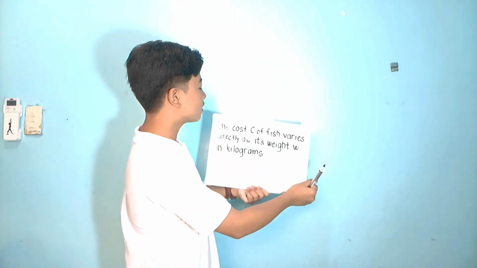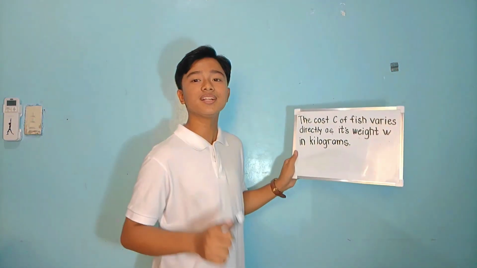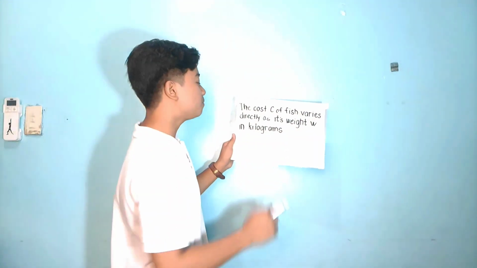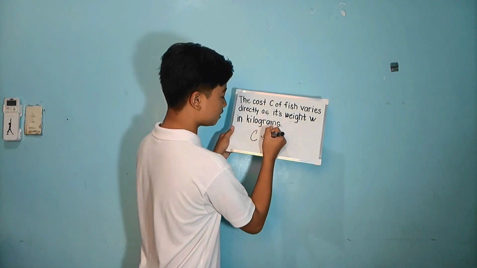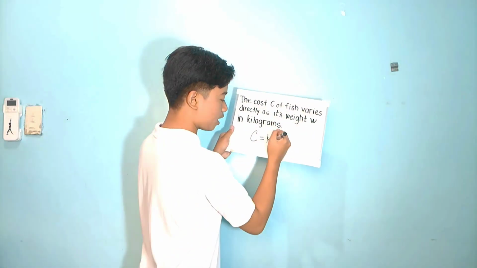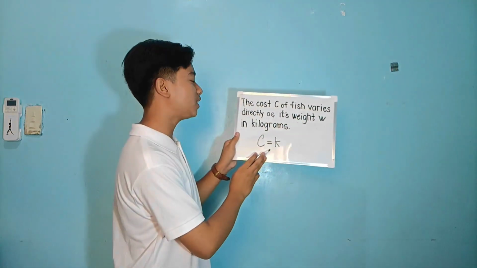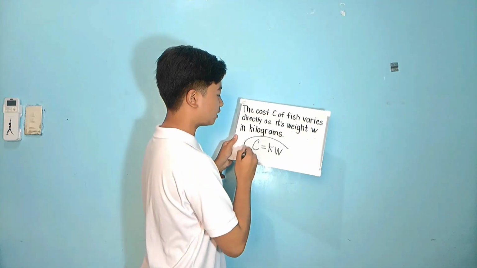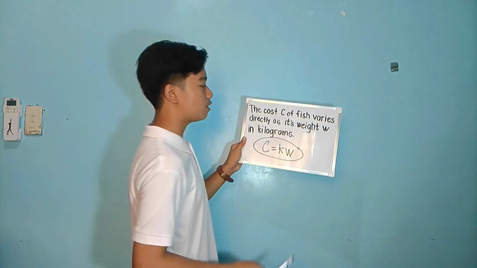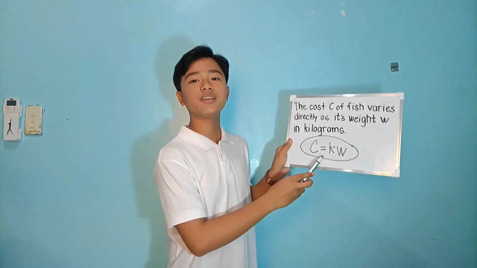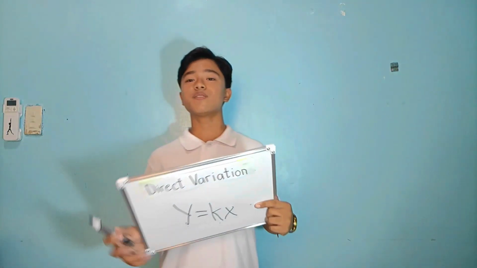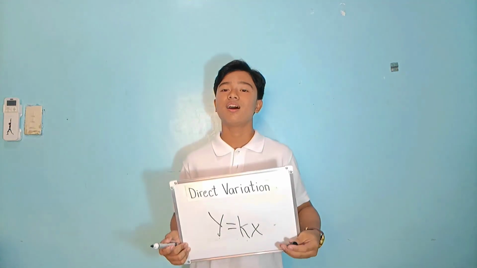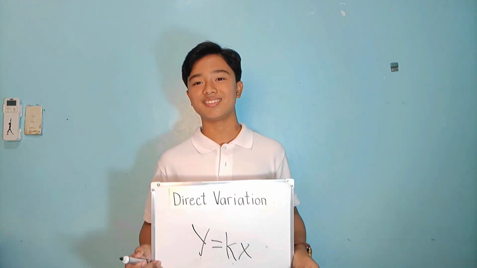If I write it as a mathematical sentence, it will be C equals k, the constant of variation, times W. So the mathematical sentence in this equation is C equals kW. That is what we call direct variation.